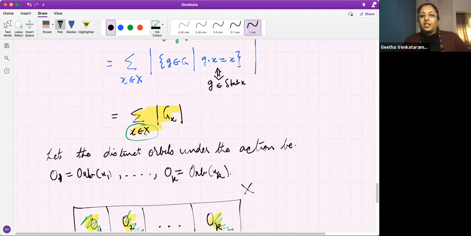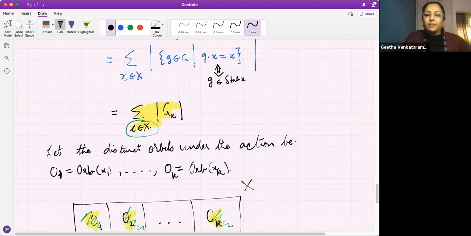For each little x in X, find all the Gx, order Gx. But this little x in X, because this is a partition, has to come from exactly one of these orbits. So when I want to vary x over all the elements in capital X, I can do it systematically.